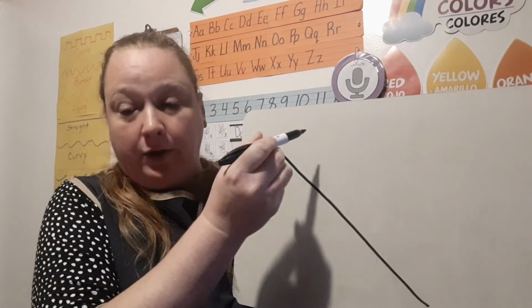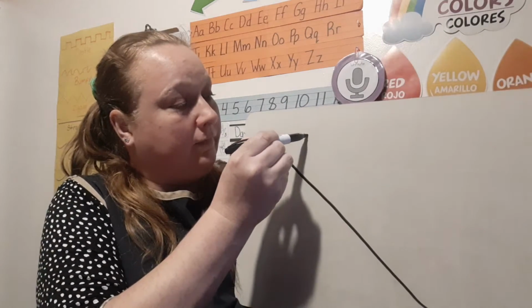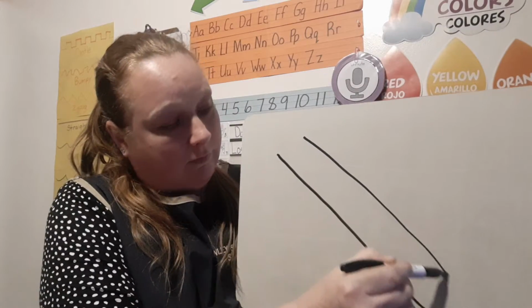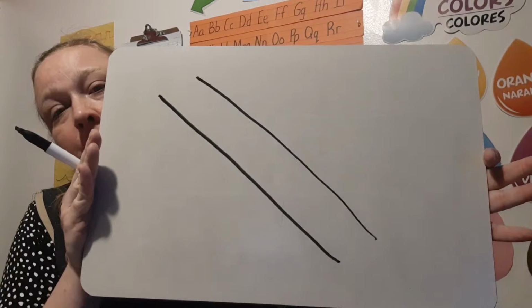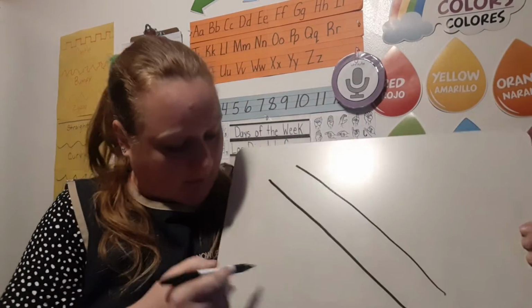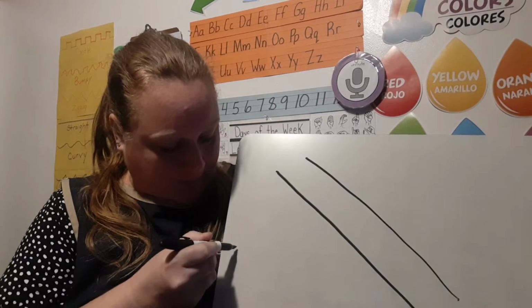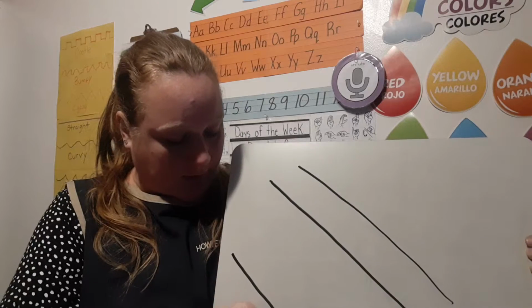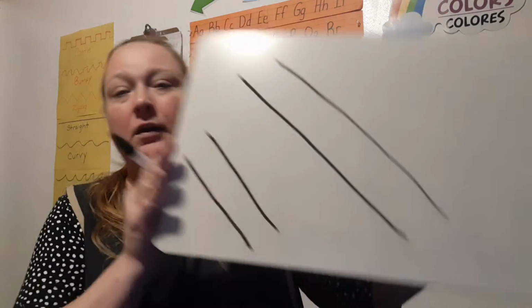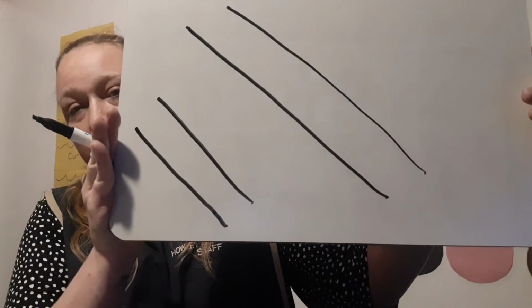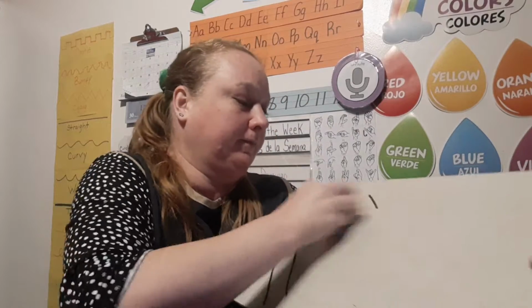Okay, and then we're going to do another one. And that's parallel. Let's do another one. Start at the top, and you're going to go down on a diagonal. We'll make another one. Parallel lines. All right, let's erase them.